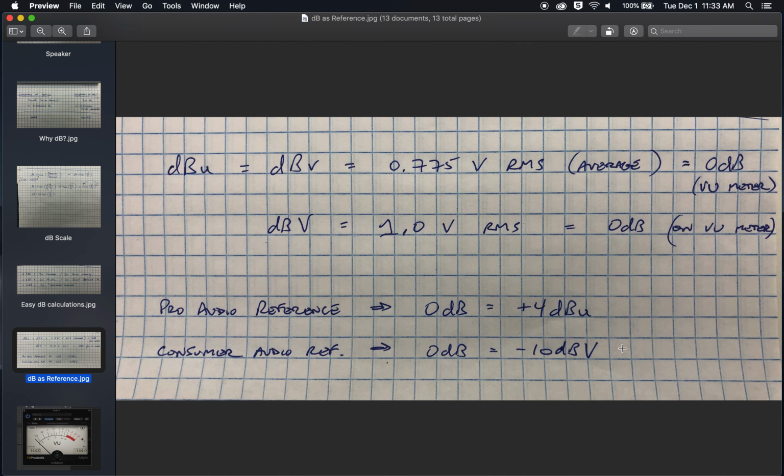So that's why, if you've ever hooked up a balanced piece of gear to an unbalanced piece of gear, a lot of times it doesn't work, because they're just at different references. The voltage difference among these things is usually not sufficient to where one will power the other.